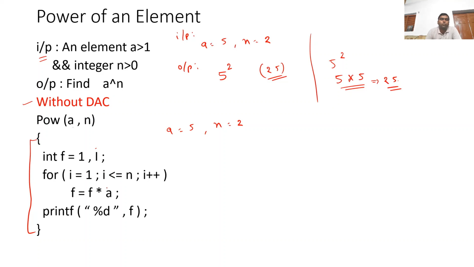So this is a simple for loop. It is repetitive multiplication, so f equals f into a. So what will happen in this case? Finally after completing, what will f hold? f will hold 5 into 5, that is 25. And finally after coming out of the loop, we are printing f. So here 25 will be printed.